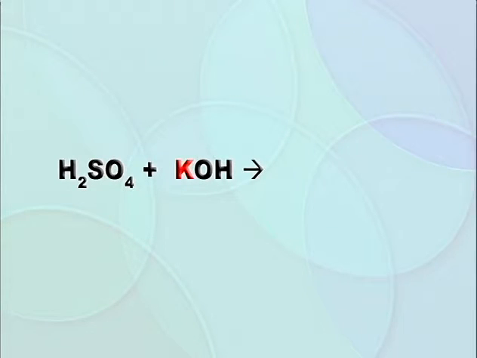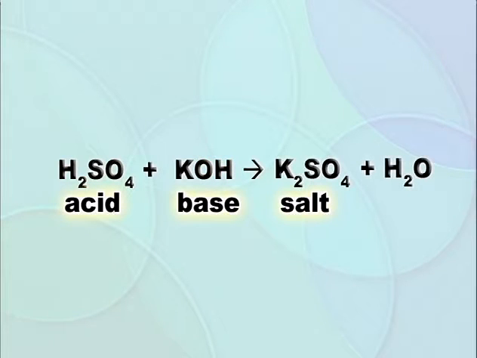Potassium, which forms a positive 1 cation, joins with sulfate, which forms a negative 2 anion to make the compound K2SO4. Hydrogen joins with hydroxide to form water. So we have H2SO4 plus KOH yields K2SO4 plus water. H2SO4 is our acid, KOH is our base, and K2SO4 is our salt.